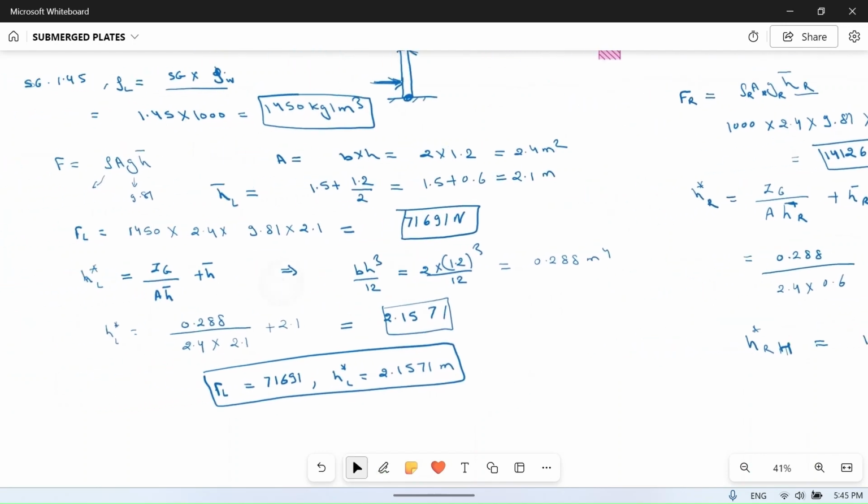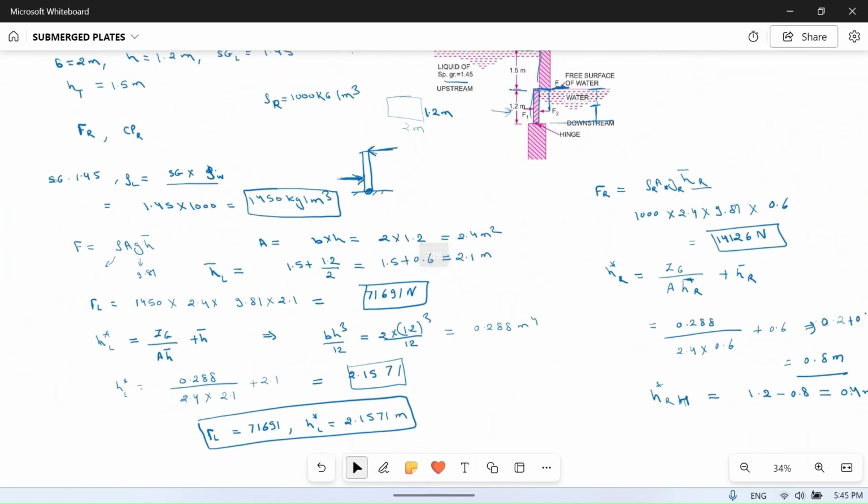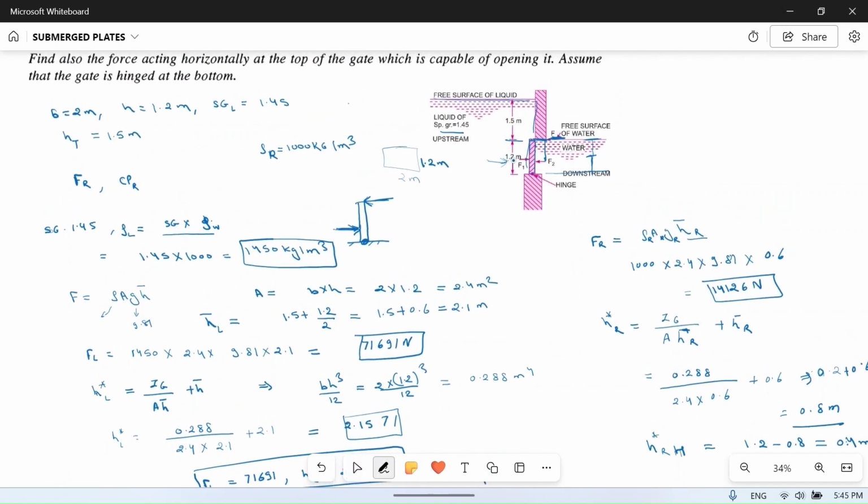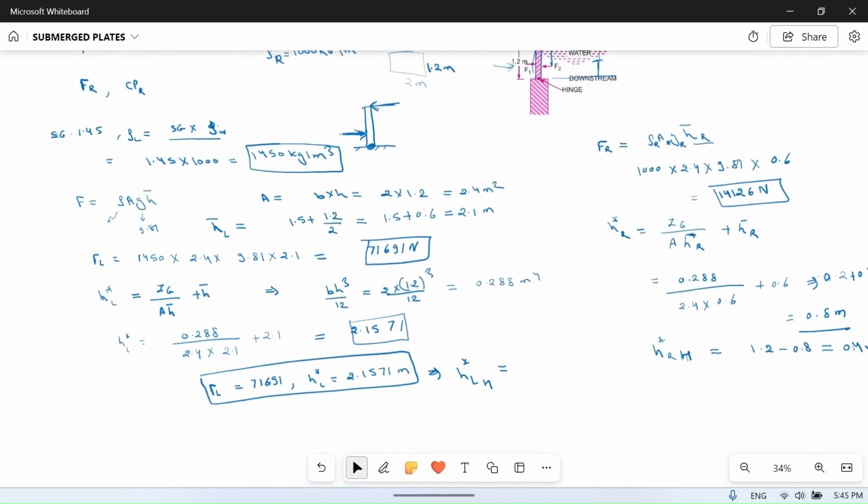Similarly, on the left hand side, to find the distance from the hinge, H star left from hinge will be equal to this total distance 1.5 plus 1.2 minus 2.1571. If you calculate this, you will get 0.5429 meter.